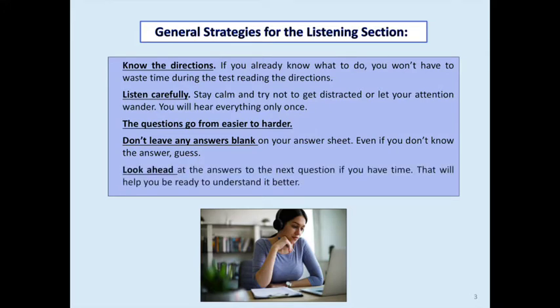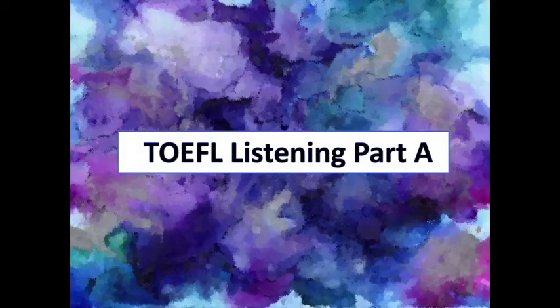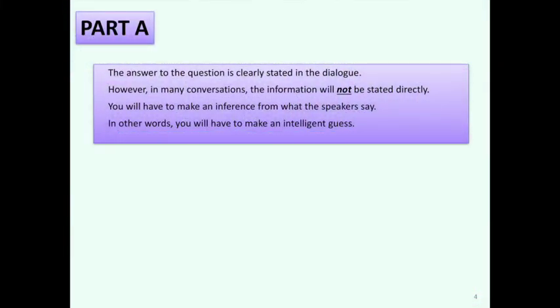Look ahead at the answers to the next question if you have time. That will help you be ready to understand it better. So, first, we will talk about Part A, the short conversations. In Part A, the answer to the question is in the dialogue.